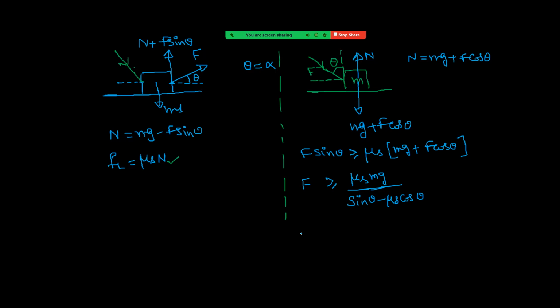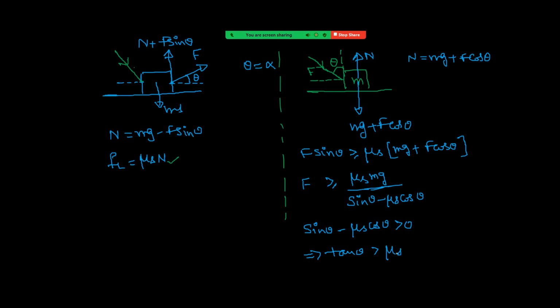So we can write sin theta minus mu s cos theta should be greater than zero, because if it is equal to zero, it is an infinite value, which is not possible. From this, we can write sin theta greater than mu s cos theta, or tan theta greater than mu s.